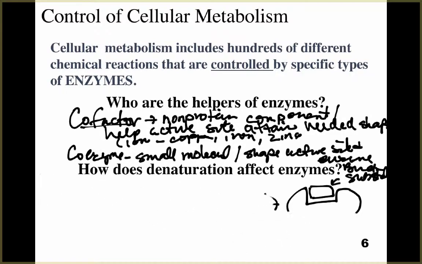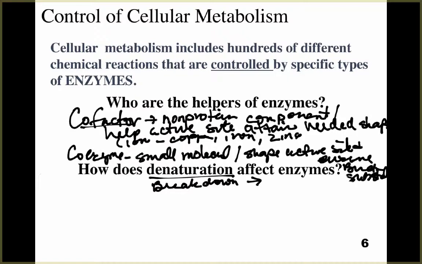Now, again, this all should be review. How does denaturation affect enzymes? Basically, denaturation is a process of breaking them down, right? They lose their shape. And so on here, there's different things that can cause it.